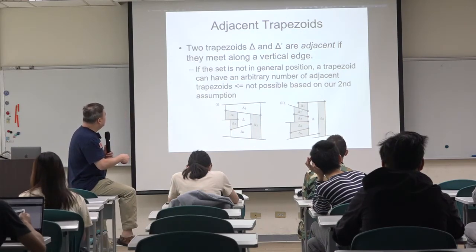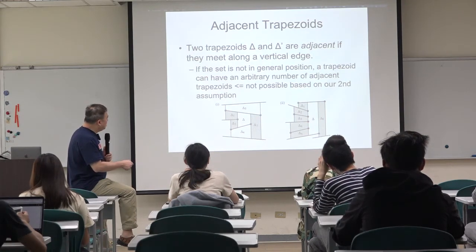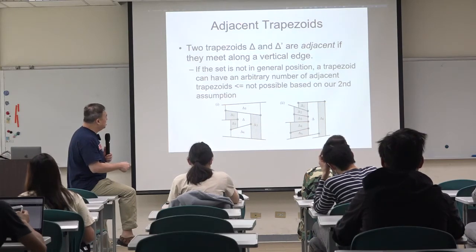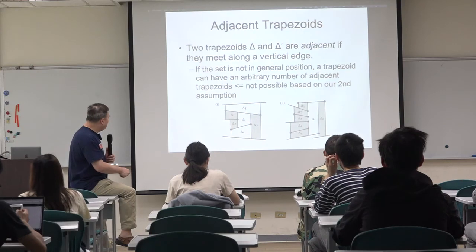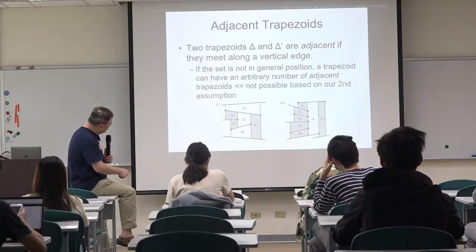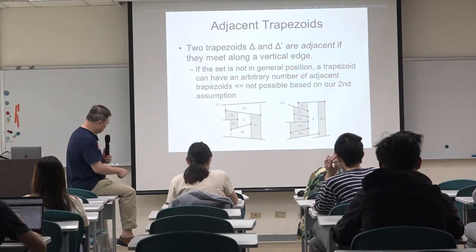Two trapezoids are adjacent to each other if they share a vertical edge. For example, you can see this trapezoid is a neighbor of trapezoid 1 and trapezoid 3, as well as trapezoid 2.